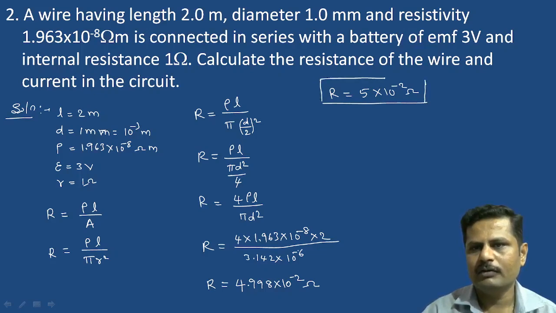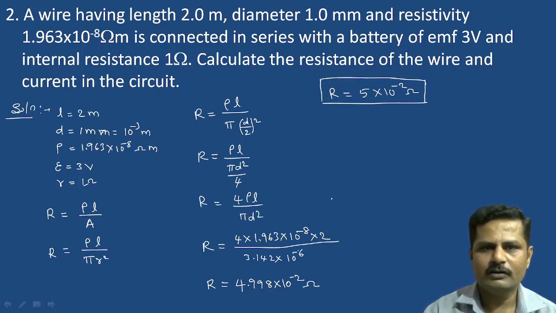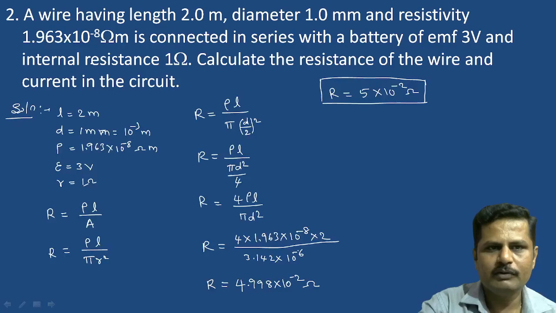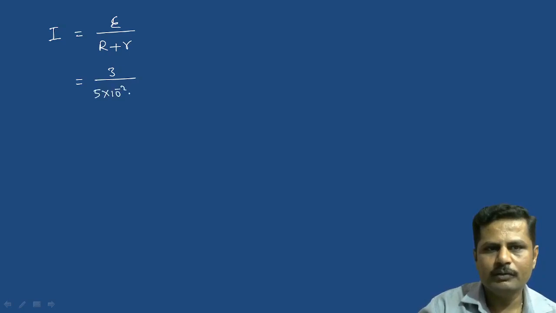Now we need to find the current in the circuit. The current in the circuit is equal to the EMF of the battery divided by the external resistance plus the internal resistance of the battery. So EMF is 3 volt, the resistance we just got is 5 into 10 to the power of minus 2, plus the internal resistance 1.